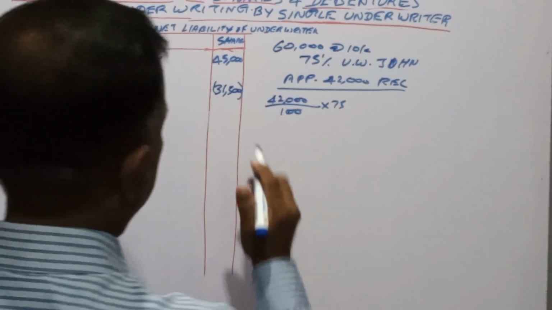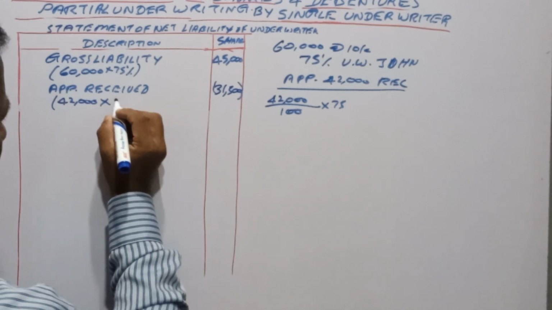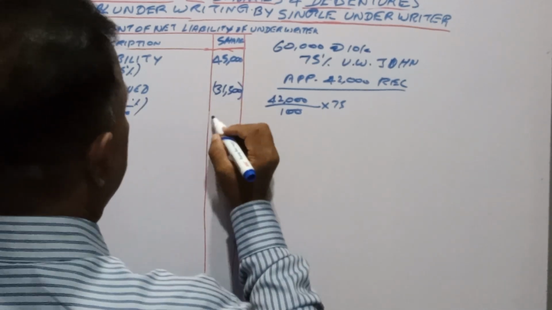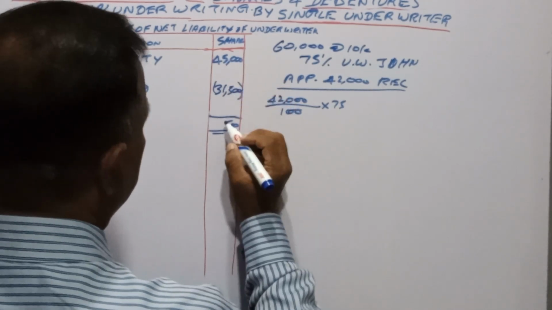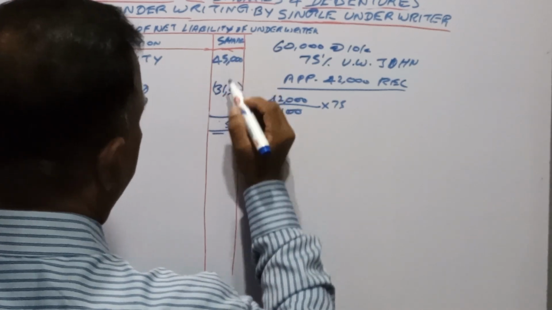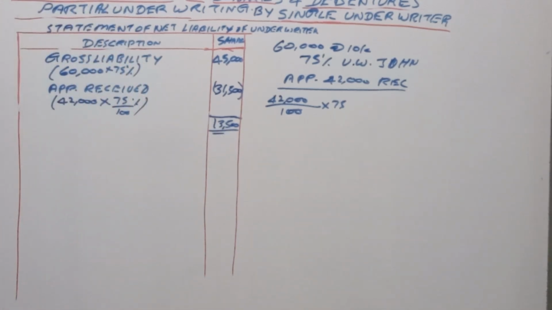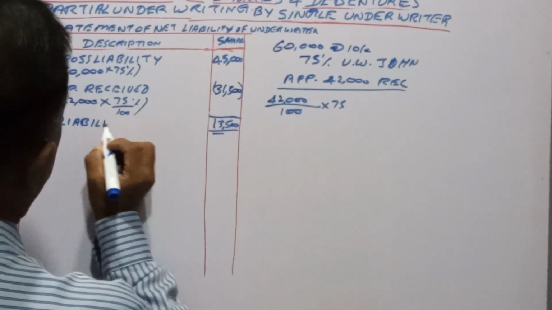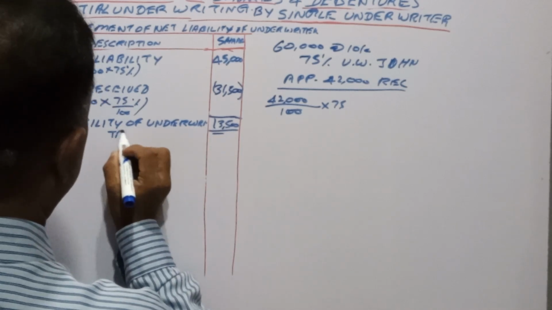If we deduct this 31,500 from the 45,000, 13,500 is the net liability of underwriter John.